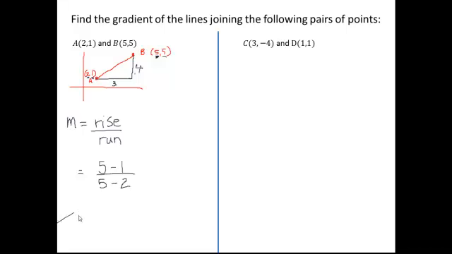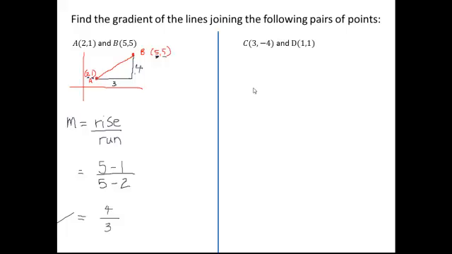Okay, so we get 5 minus 1 is 4, and then 5 minus 2 is 3. So that gives us a gradient of 4/3. And you can just leave it as a fraction as long as it's simplified.